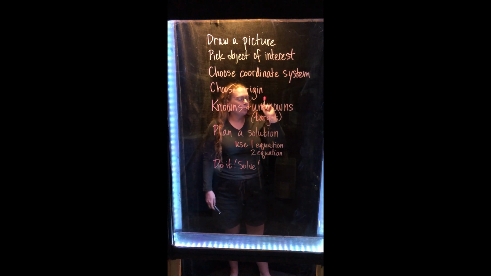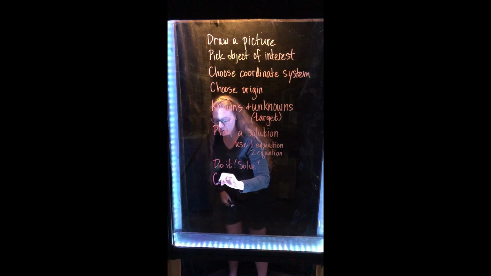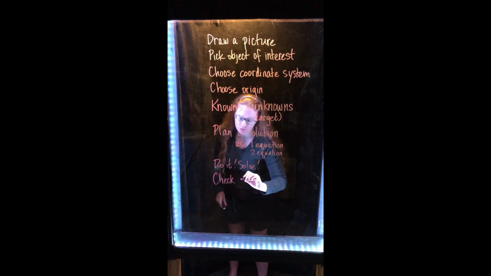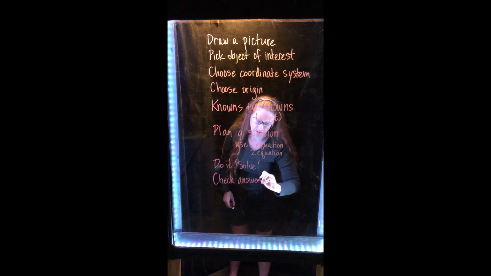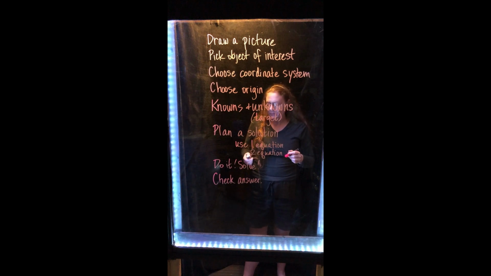And then don't stop there. If I can get one piece of this whole process through your head, don't stop here. The most important part is to check your answer. If you are solving for somebody's walking speed and you get an answer that is 14 meters per second, so the length of a house in 1 second, you probably made a mistake.